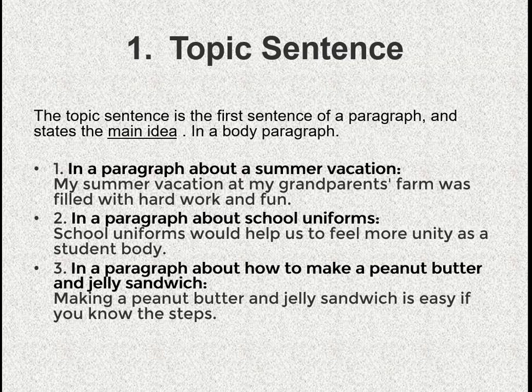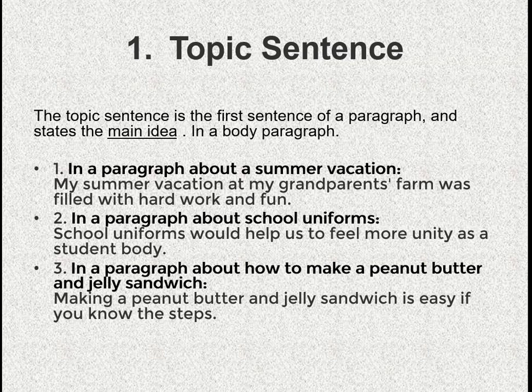If we are writing another paragraph about school uniform, we can say: The school uniform would help us to feel more unity as a student body. This is the umbrella of our paragraph.